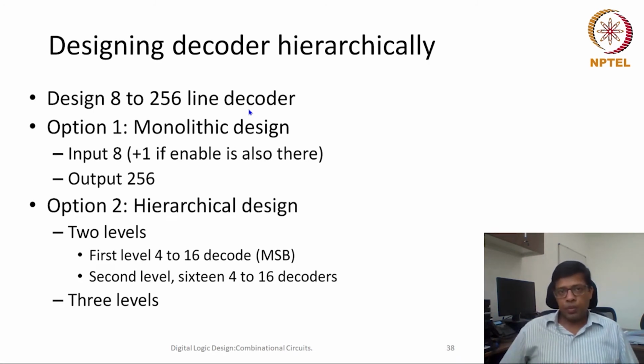So this way these decoders can be designed hierarchically so that they are efficient, and there is another advantage of designing things hierarchically. Some of these decoders, like 3 to 8 decoders or 4 to 16 decoders, are also available as packaged ICs or packaged chips.